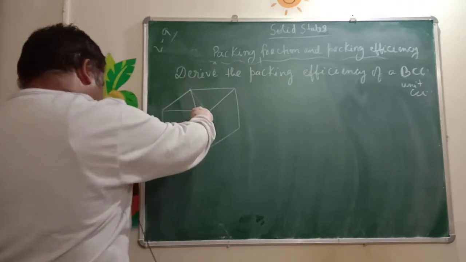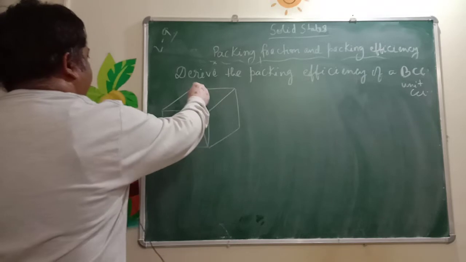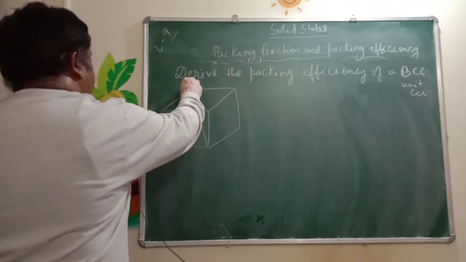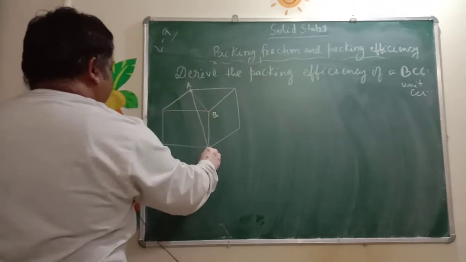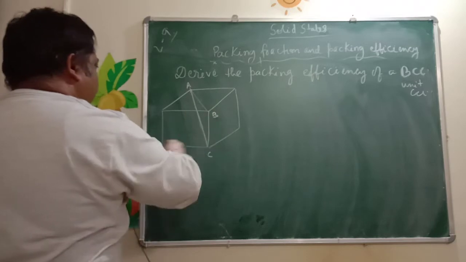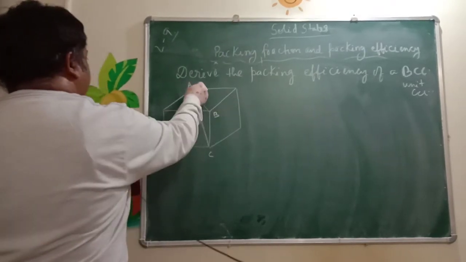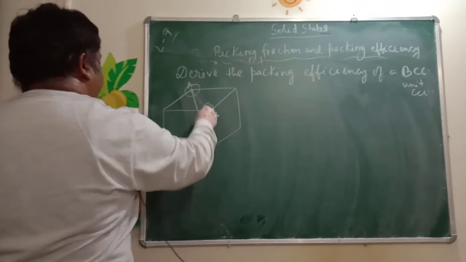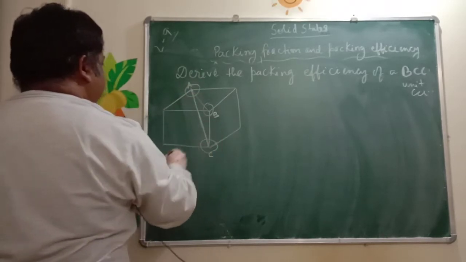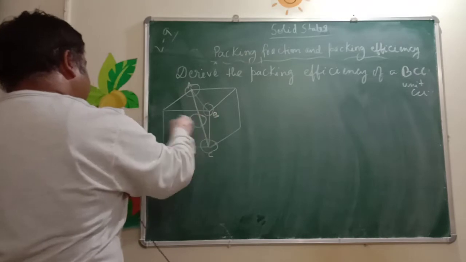We will take this triangle wherein this line, say A, B and C. AC is the body diagonal, alright. So here one particle is there, here one particle is there, here one particle is there, and in the body center one particle is there.